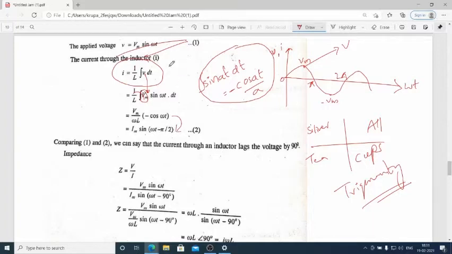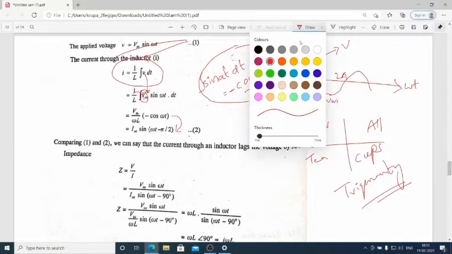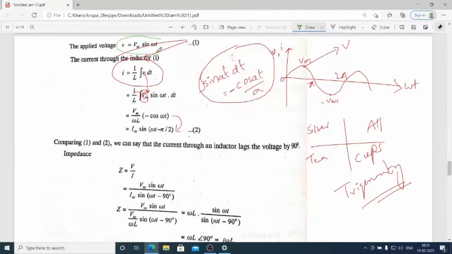From equation 1, v is equal to Vm sin omega t, and the second equation is i equal to Im sin(omega t minus pi by 2). Please observe these two equations. There is an angle difference between them.